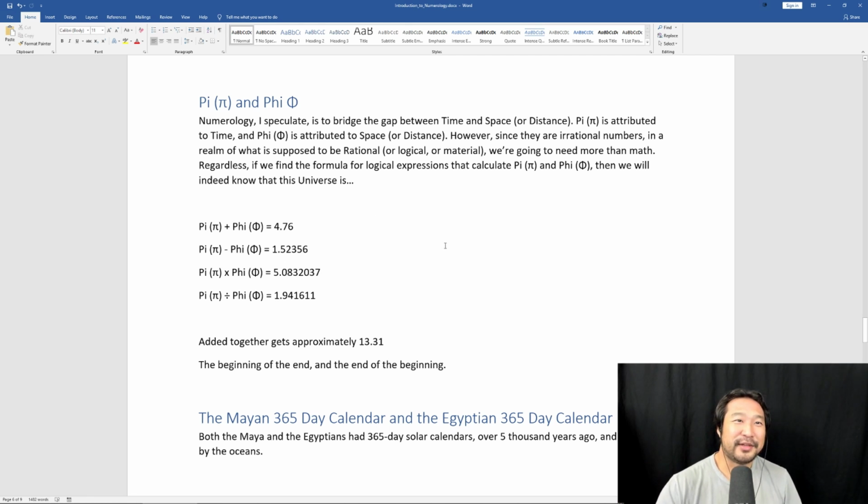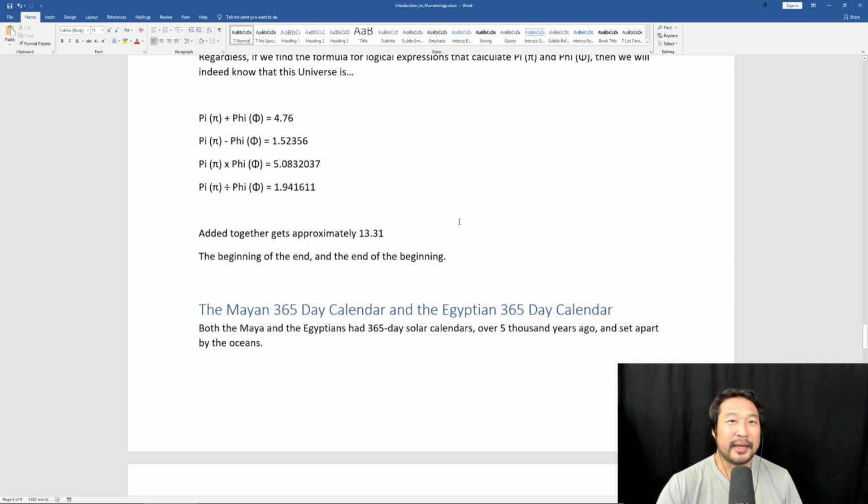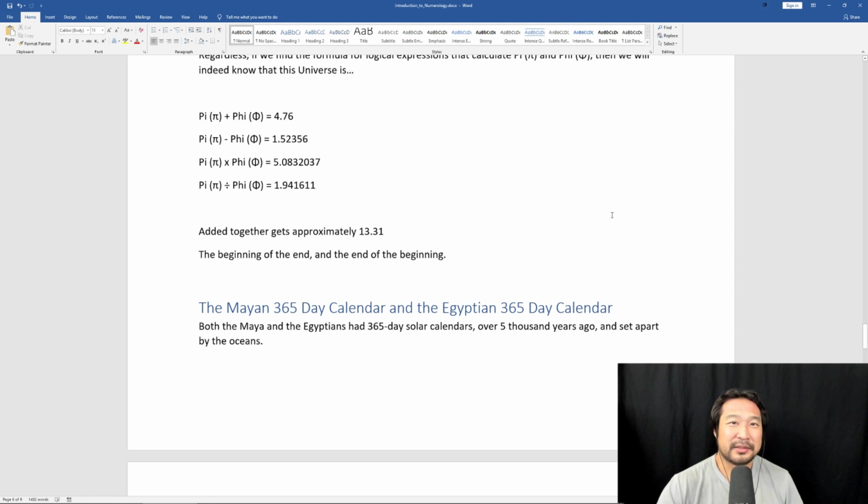I was just playing around with numbers, so I just added pi and phi, and it comes to approximately 13.31. You know, I figured 1 is the beginning and 3 is the end, and then end with a dot in the middle. It's the beginning of the end. Who knows? The mirrored numbers are going to be pretty interesting later on.